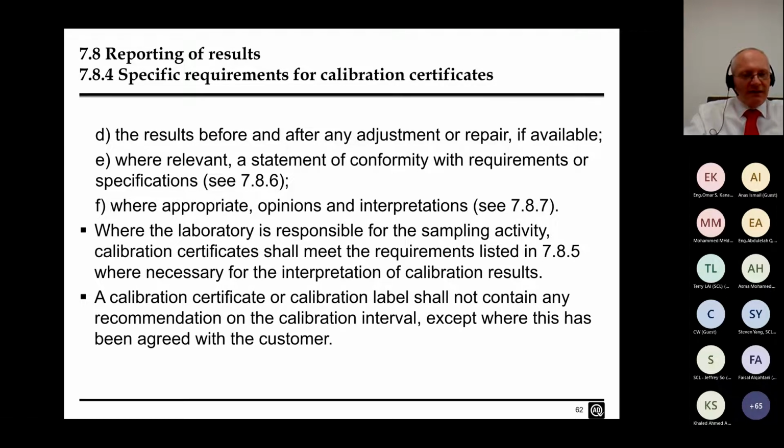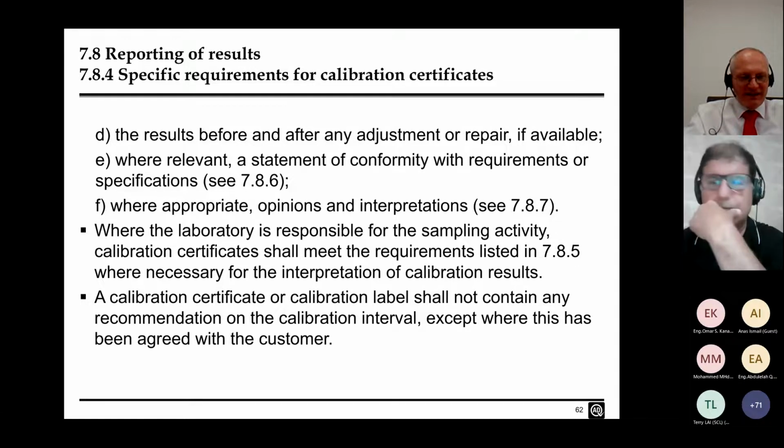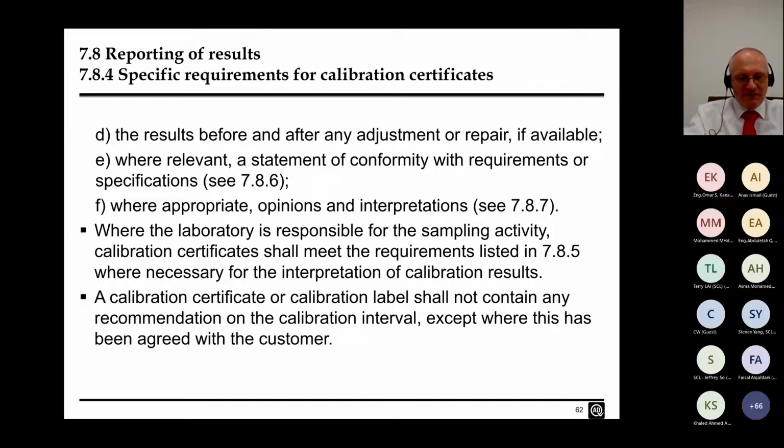If there's any sampling, you have to make sure you report the sampling in accordance with the reporting of sampling requirements. And my favorite one, the one that upsets almost all of our calibration laboratories in the UAE: a calibration certificate or calibration label shall not contain any recommendation on the calibration interval, except where this has been agreed with the customer.